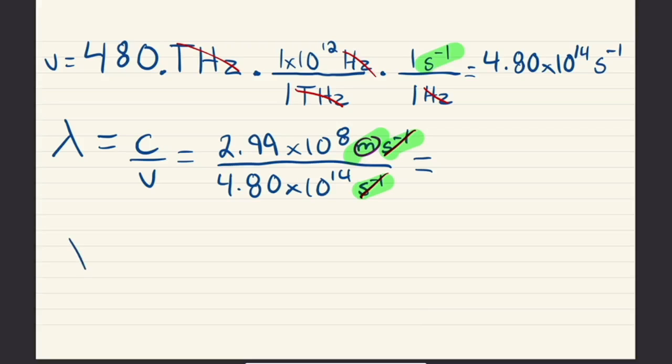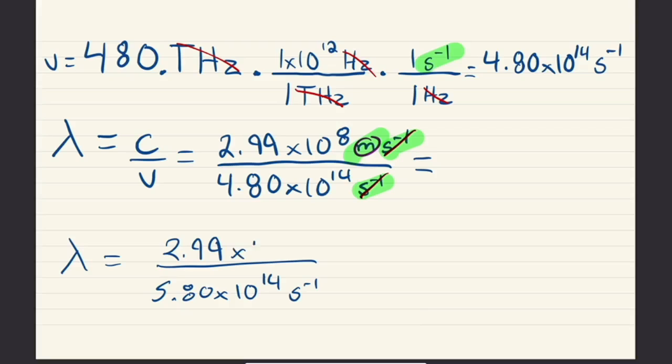Well, if we were to do this for, let's say, green based on our worksheet, if we utilized 580 times 10 to the 14 frequency over 2.99 times 10 to the 8 meters seconds to the -1, we should recognize mathematically, even without doing any computation, that an even bigger number in the denominator would lead us to a smaller value and therefore a smaller wavelength.